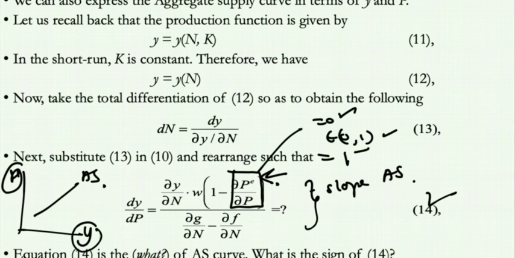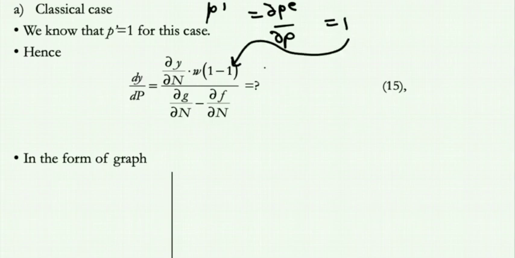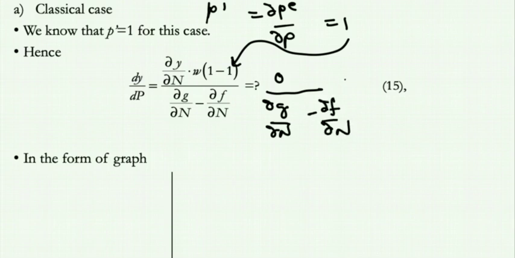Okay, so let's check it one by one. Let's say the classical case in which P prime, or delta PE over delta P, equals 1. We substitute it here, so that's why you see 1. Then what happens to the numerator value? It becomes 0 divided by delta G over delta N minus delta F over delta N. What happens here? 0.